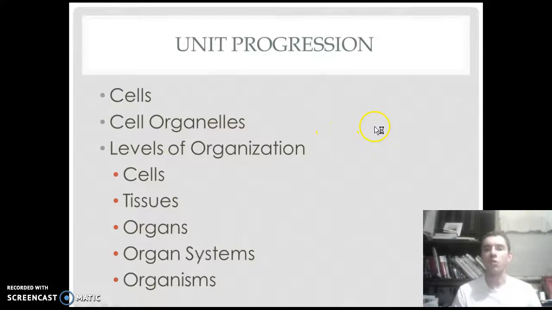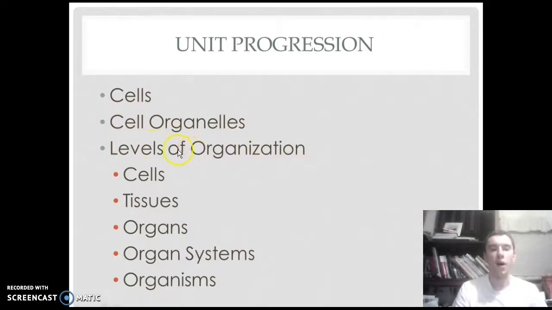So this is the unit progression we've gone through in 7th grade so far this year. We started talking about cells and about living things, what cells are, cell organelles. So the function of cell organelles, the function of different cells in both plants and animals. And then we moved on to the levels of organization.